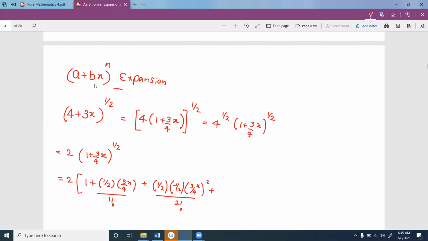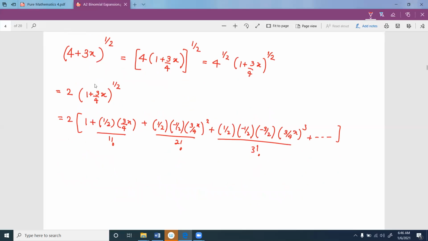Here n is half, n minus 1 is minus half, n minus 2 is minus 3 over 2, times 3 over 4 x to the power 3 divided by factorial 3. Like that it goes on as an infinite series. Then you can work it out this way.